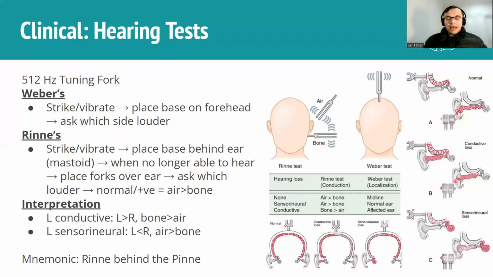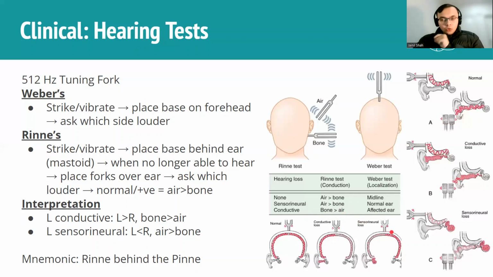And now we're going to see what happens if you have a conductive versus a sensory neural loss. So again, normal, we said before, the air conduction sounds louder than the bone conduction. With conductive loss, because the air conduction is affected, the air conduction will be weaker than bone conduction. And so bone is going to be louder than air. So you can see over here as well in the table, bone is louder than air in conductive hearing loss.